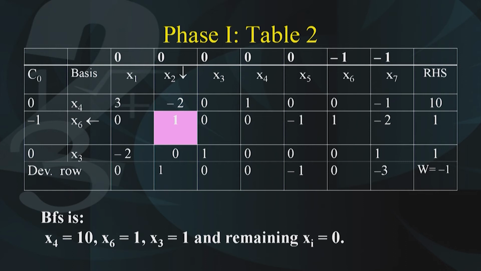Now, again we will do the same procedure, we will repeat, and before we repeat that, we have to make sure that the entry corresponding to the first column has to be changed, because now x3 has entered into the basis. So, here we need to write the corresponding objective function value of x3, and that is 0.